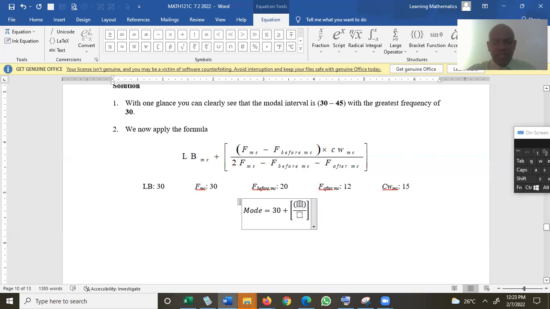The frequency of the modal class is 30, sorry. Here it is, the frequency of the modal class is 30, subtract the frequency before, which is 20, times the group width, which is 15.